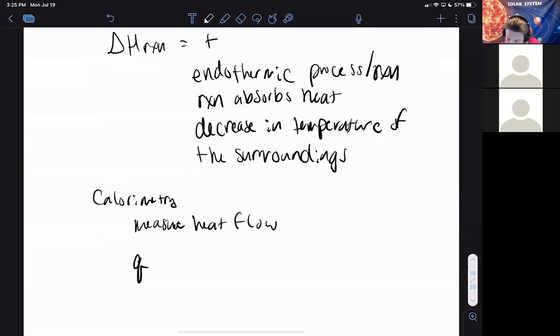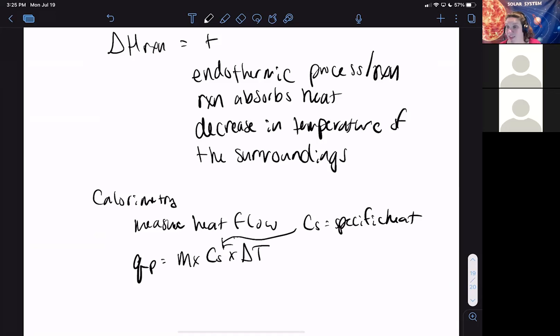And we have QP is equal to mass times our specific heat times our delta T. So specific heat tells us how well something holds on to heat. So the greater the specific heat, the better it holds on to heat. And this is going to be in joules over grams times degrees Celsius.